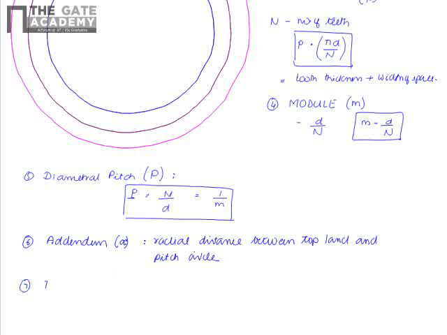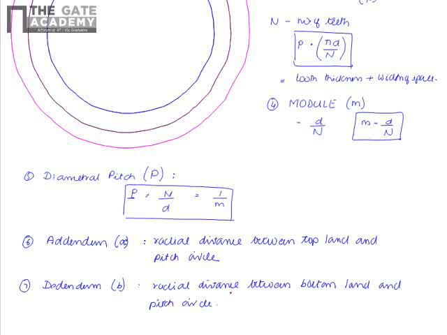And dedendum, denoted by letter B, is the radial distance between the bottom land and the pitch circle.